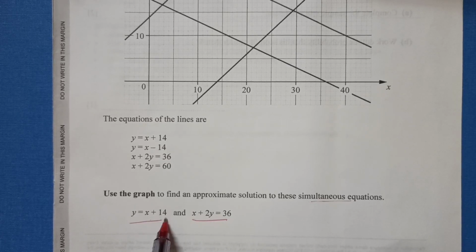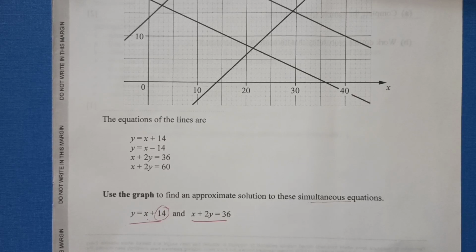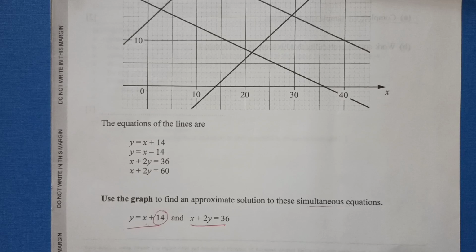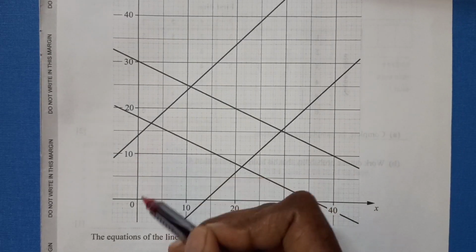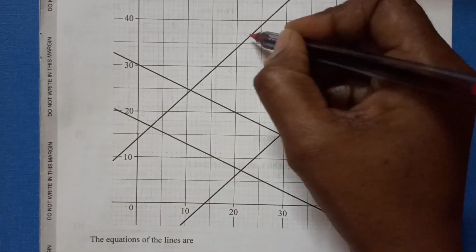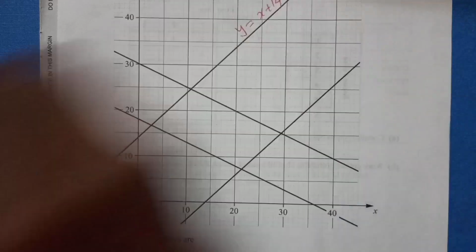The first is y equals x plus 14. So the y intercept is 14. Where is the y intercept 14? It is here. You can see this is 10 and this will be 15 here. So 14. This is the line of y equals x plus 14.